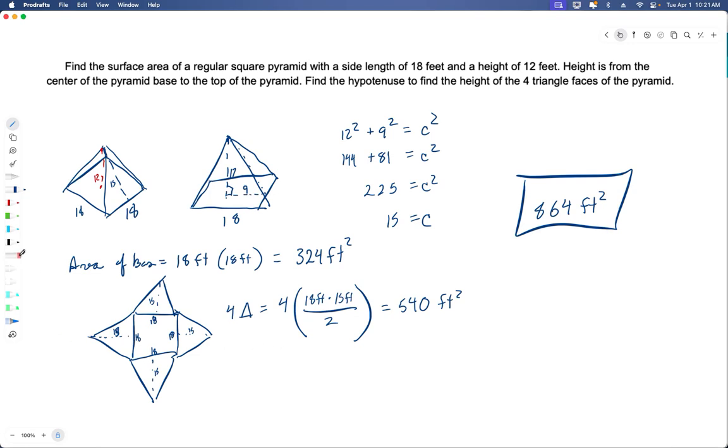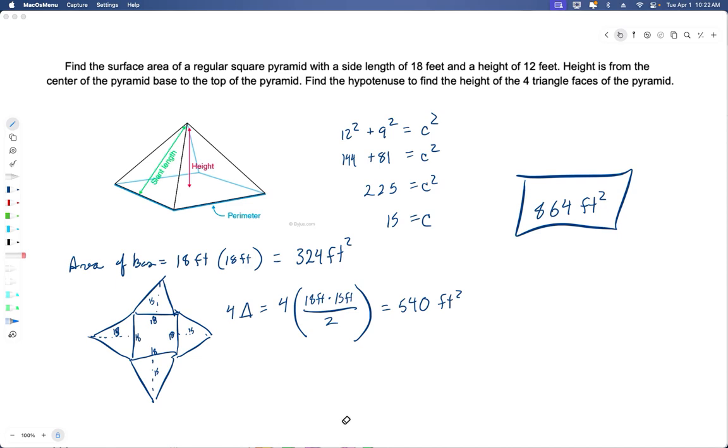Let me find a better illustration for you. All right, I found a much better illustration. So here's what we have. We had the height that was 12, and we had a base that was 18.